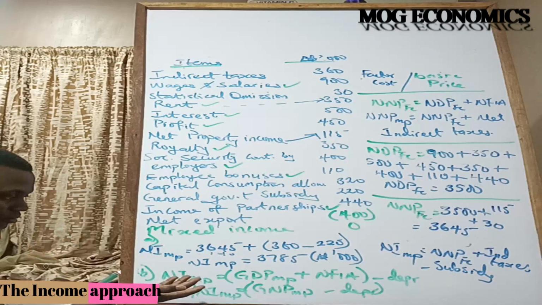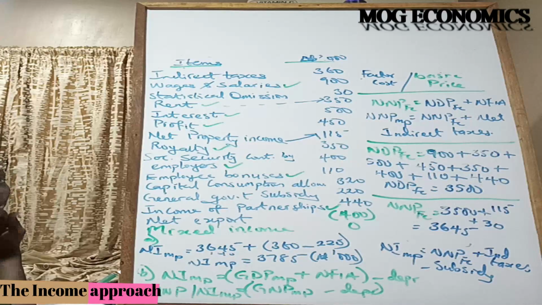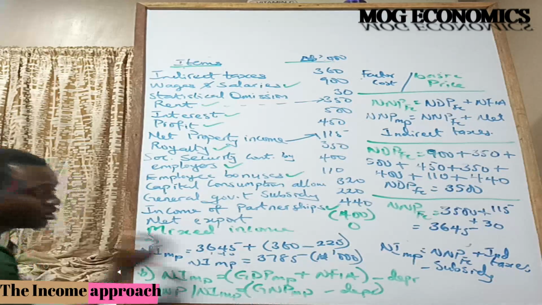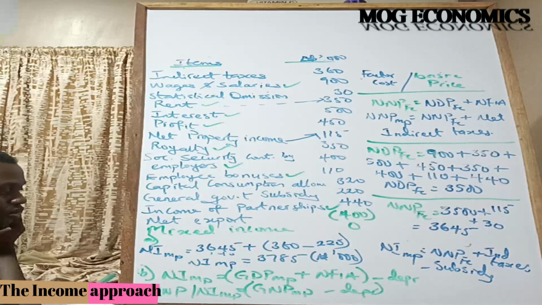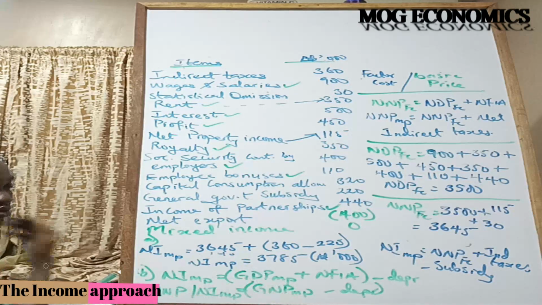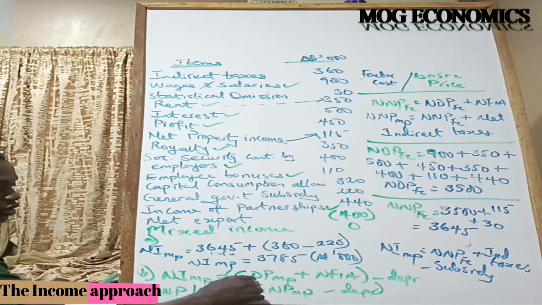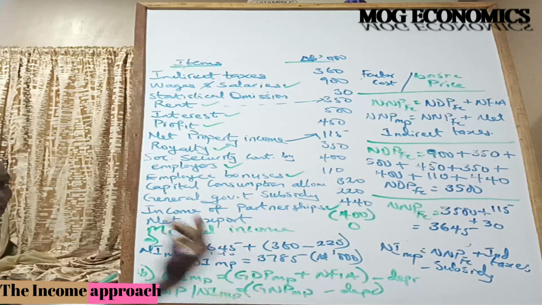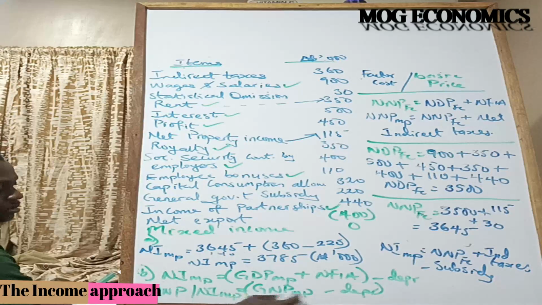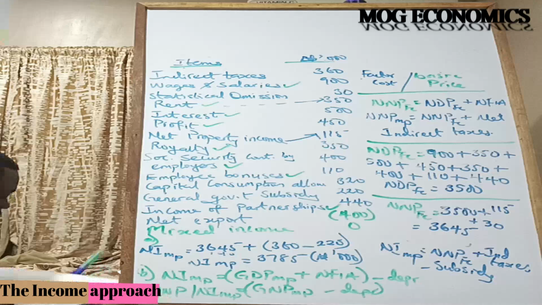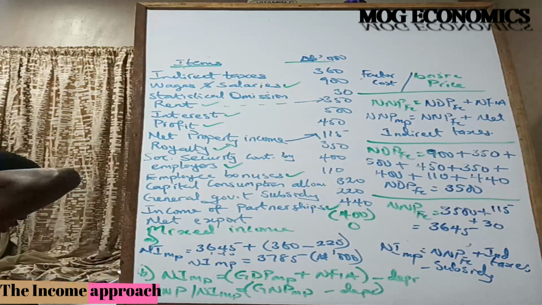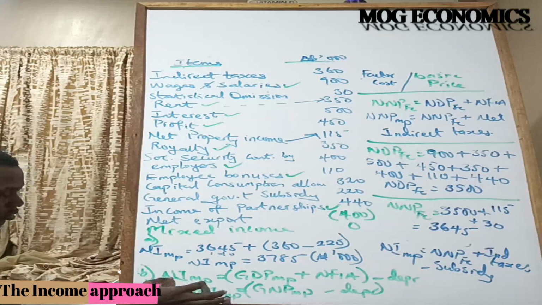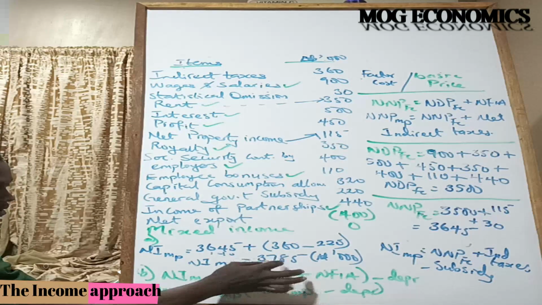Since another way we can get to NNP is your GNP minus depreciation, we can further break this GNP down to be GDP plus net income from abroad, which turns domestic to national, what we learned in earlier classes. Then this minus depreciation will change your gross to net. And then we already have national income at market price as this.